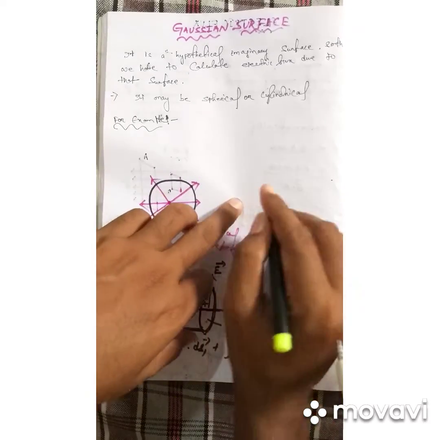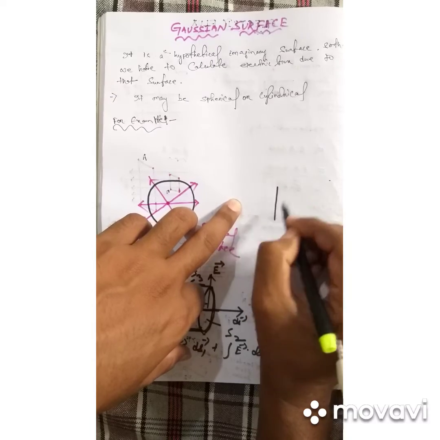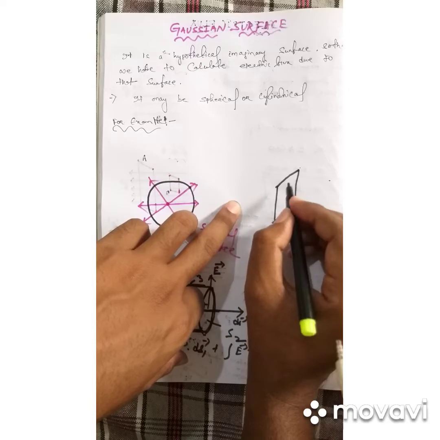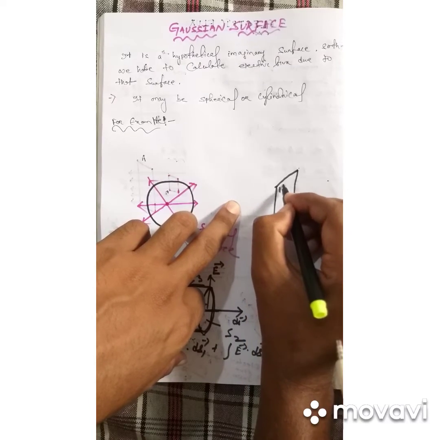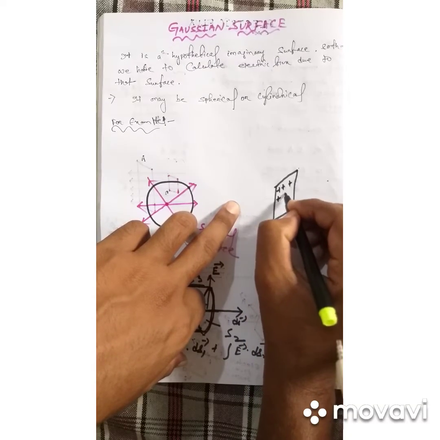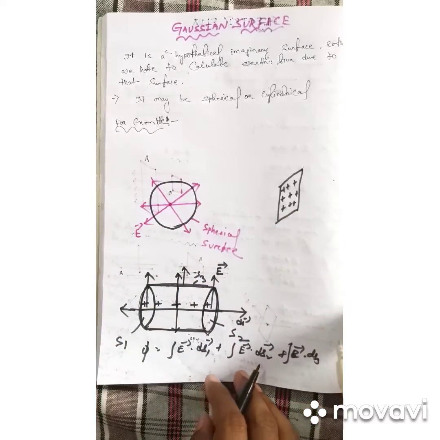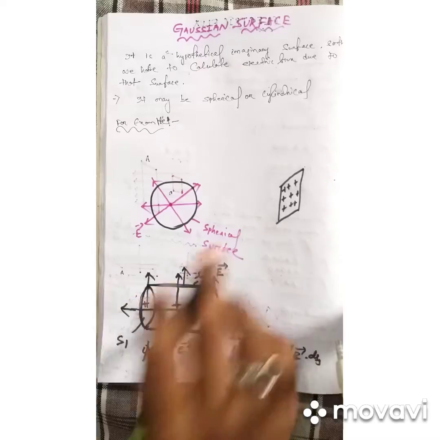If you consider a plane sheet, so this is the plane sheet, and that plane sheet consists of a number of charges. They are uniformly distributed. Now I have to calculate the electric flux due to a plane sheet.